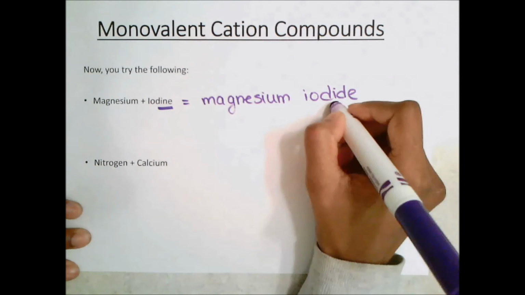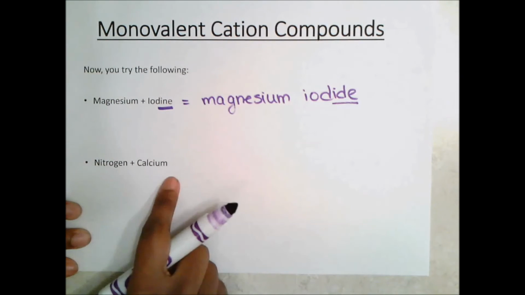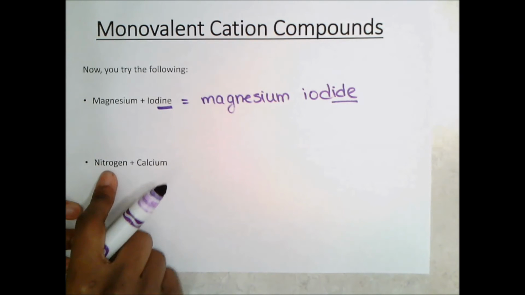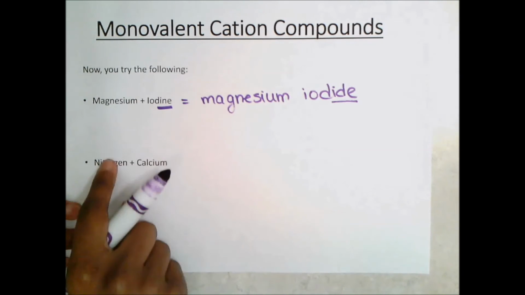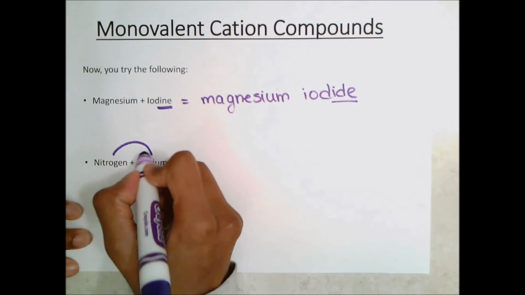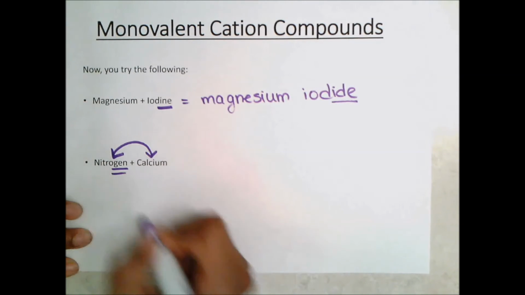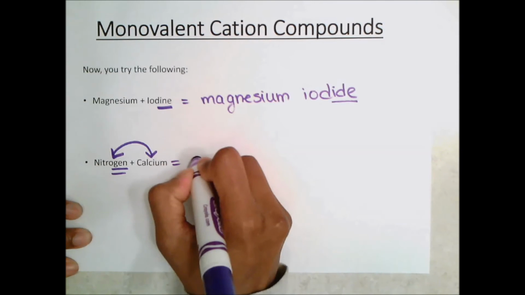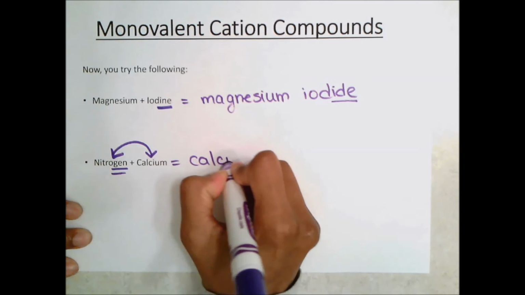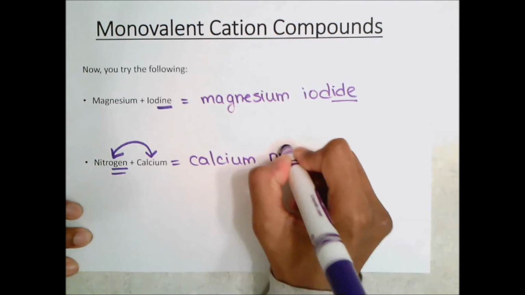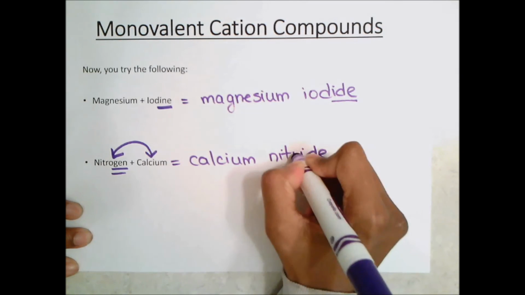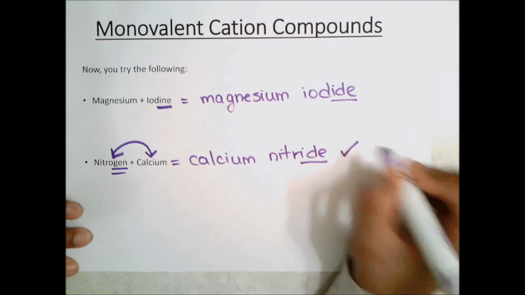Okay, so changing the ending. This isn't a trick question. This is not our metal, so you actually need to switch their spots. So the calcium needs to come first, and then the nitrogen. And the nitrogen is the one that you need to change. So it's calcium nitride. Okay, this is the correct name, not the other way around.